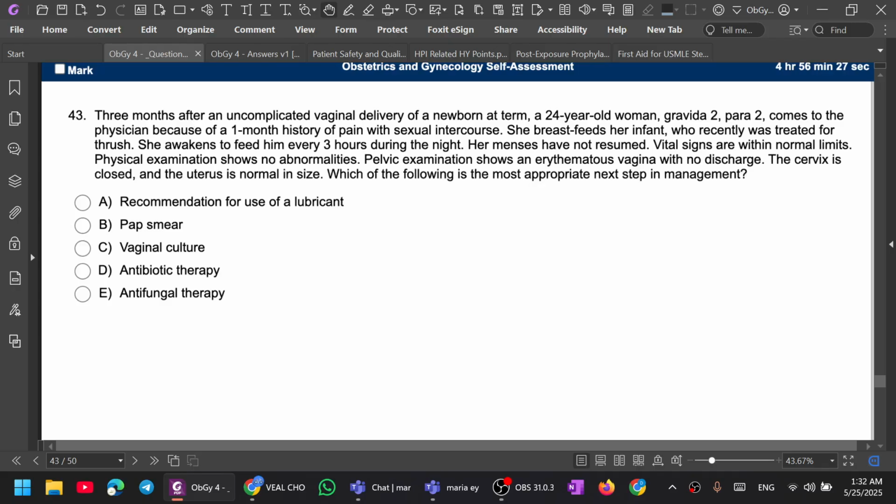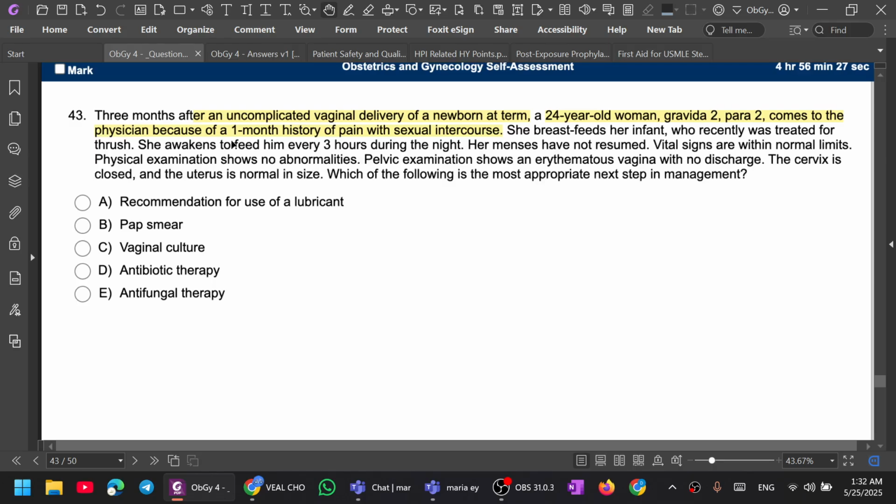Three months after an uncomplicated vaginal delivery of a newborn at term, a 24-year-old woman, gravida 2 para 2, comes to the physician because of a 1 month history of pain with sexual intercourse. She breastfeeds her infant who recently was treated for thrush.